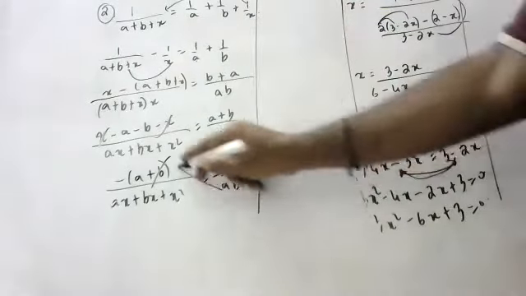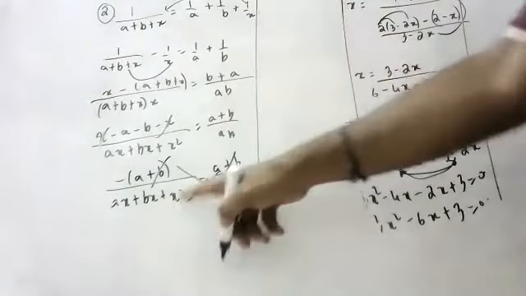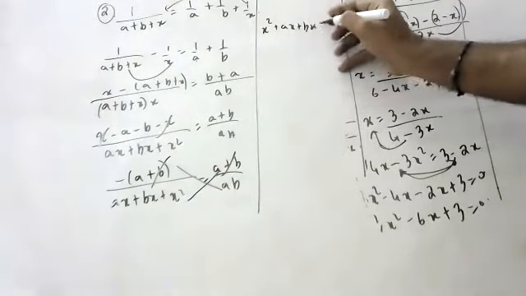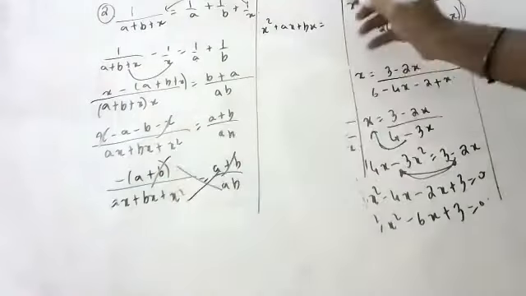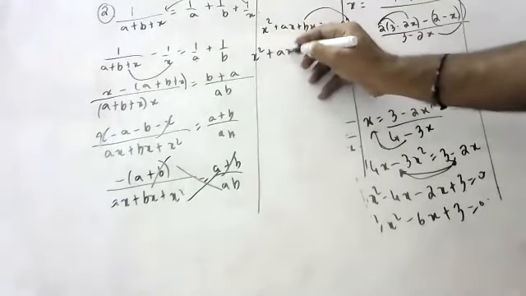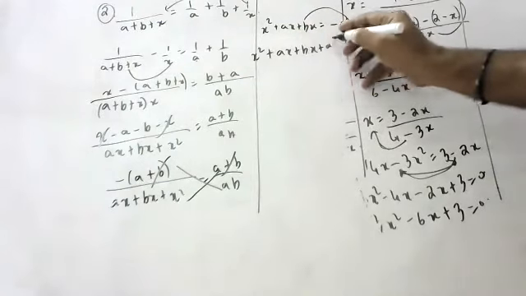Okay, children, this you bring here, this you take here. So this is coming here, children. x square plus ax plus bx is equal to, this is coming here, minus ab. This minus ab should bring here. x square plus ax plus bx plus ab is equal to 0.